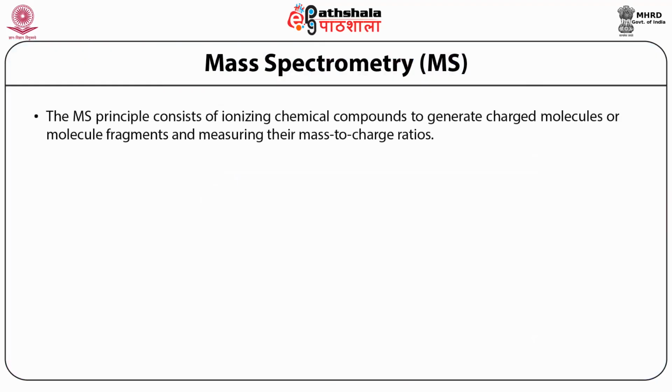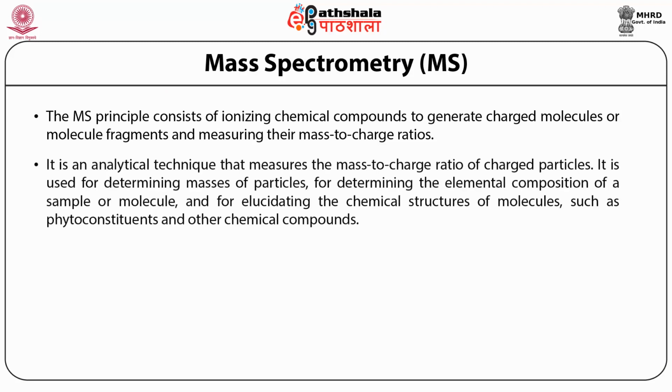Mass spectroscopy consists of ionizing chemical compounds to generate charged molecules or molecular fragments and measuring their mass to charge ratios. It is strictly an analytical technique that measures the mass to charge ratio of charged particles.